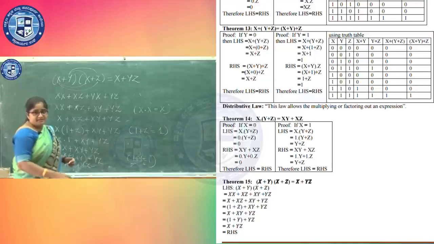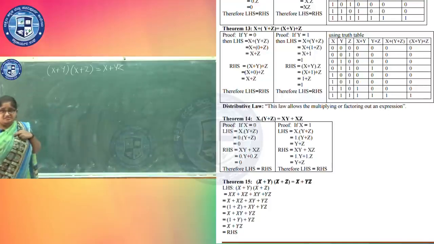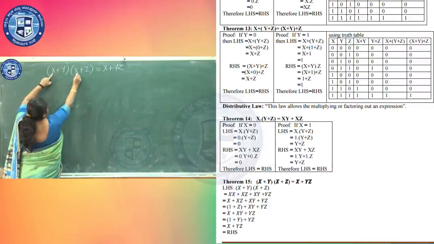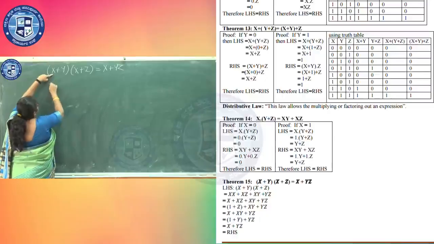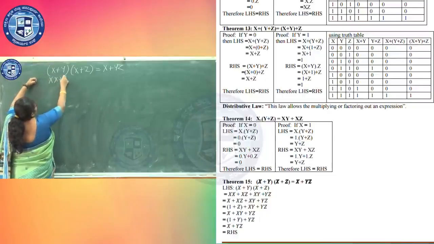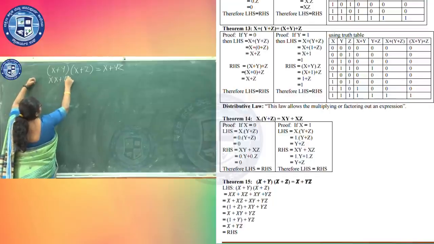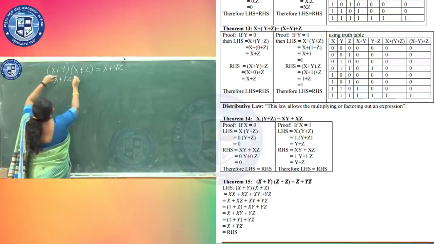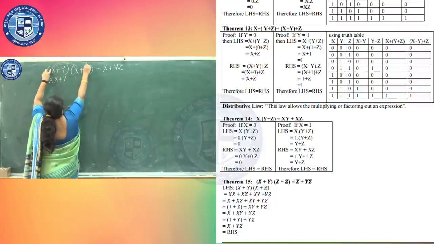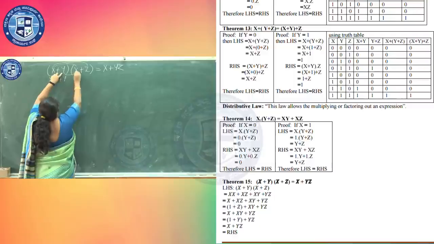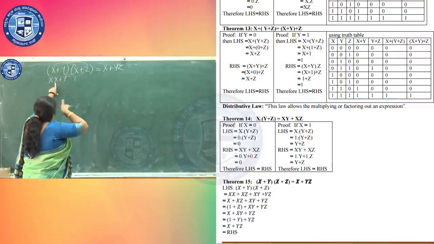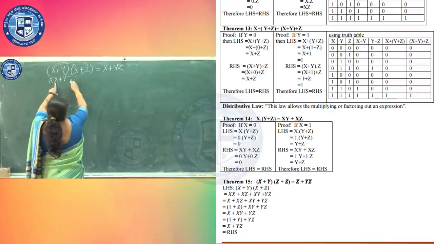I repeat, if you want I shall repeat it again. This is our theorem. We will have to prove this. x into x plus y into x, and x into x plus x into z, again y into x plus y into z.